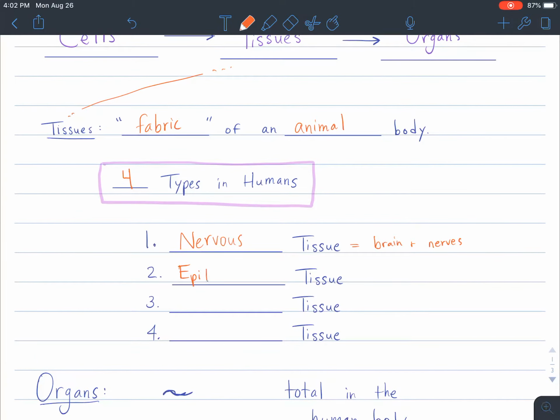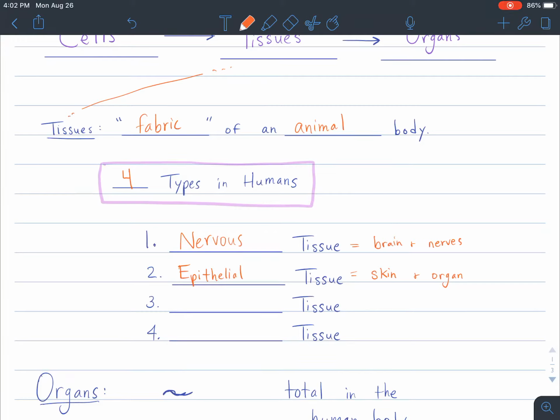So epithelial tissue. It's a fancy word to say our skin or our organs, like the inside of our stomach or any hollow organs are going to have some epithelial tissue that makes up their structure.